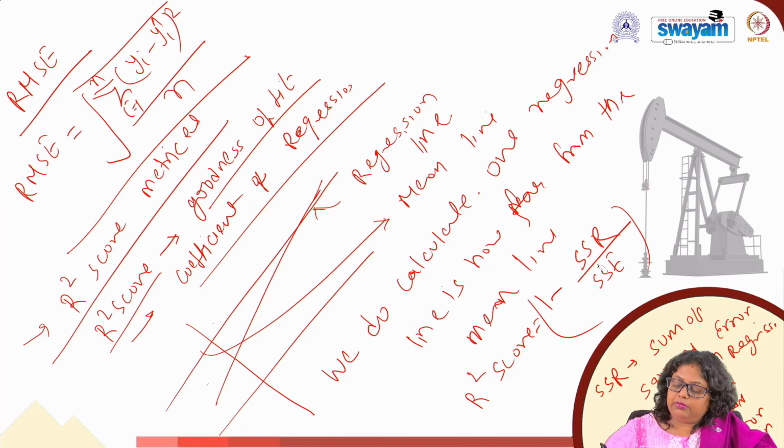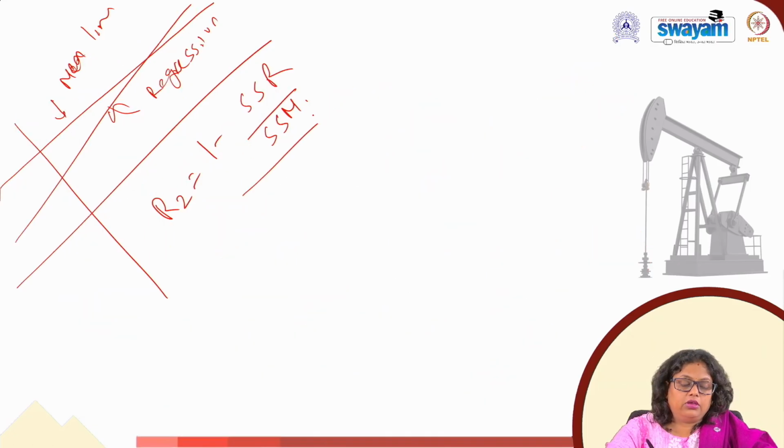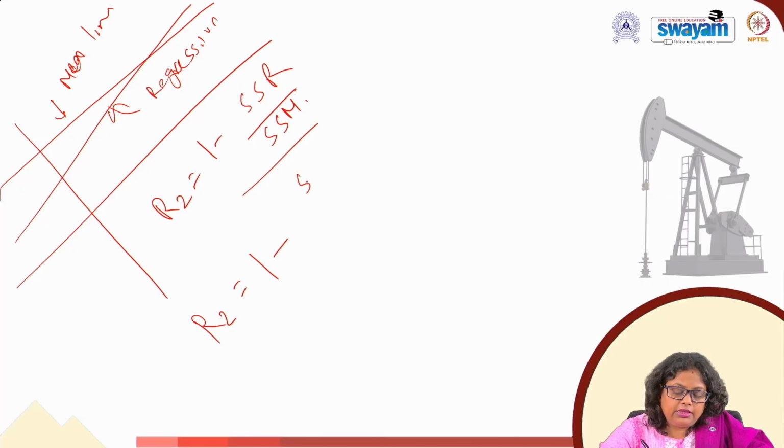This we can mention as SSM, that makes more sense, and this is also SSM. Elaborating more: 1 minus this we can write. SSR, what is the sum of squared error? Yi.